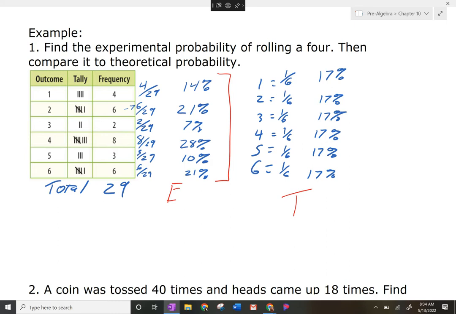That was 100%, because I flipped only one coin and I got heads. Does that make sense? So again, the experimental is going to be a little bit different because theoretical is what should happen. The experimental is what actually does happen. Okay?